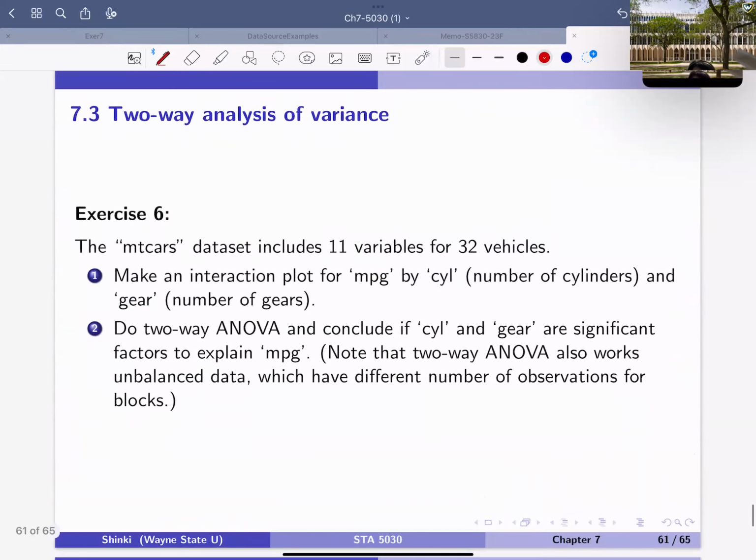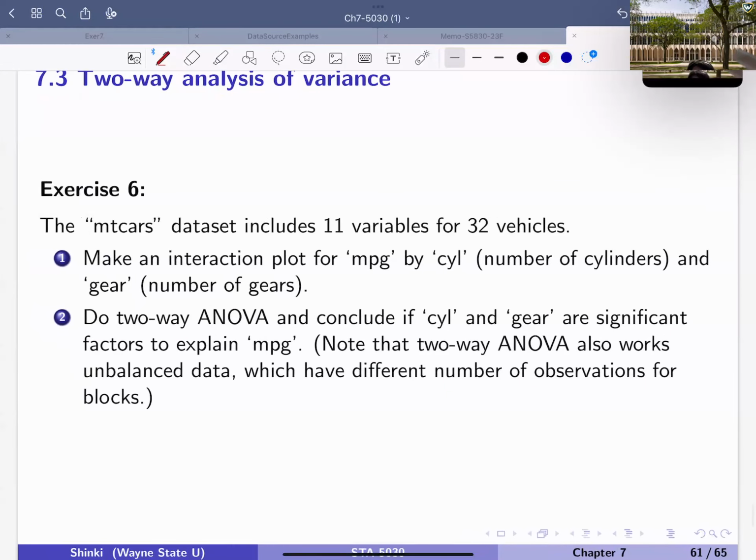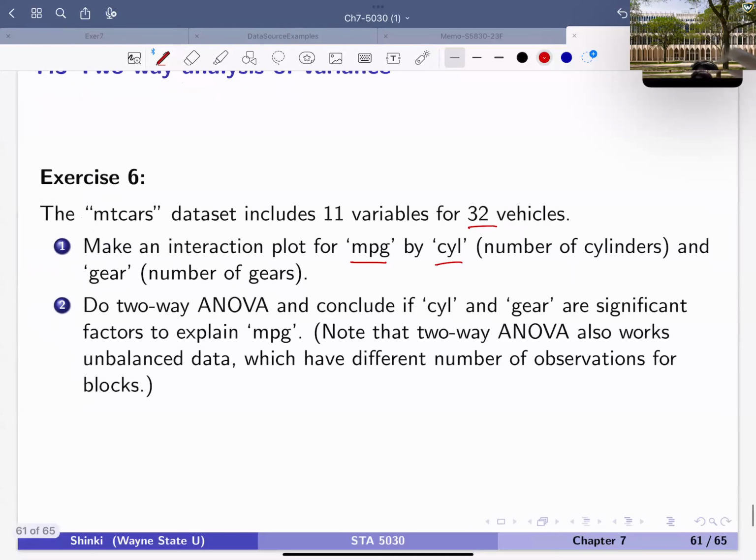Exercise 6 is actually the same as the example we discussed right now. So we have the mtcars dataset. We have 32 cars, but here we explain MPG by the number of cylinders and the number of gears, slightly different. And then you are supposed to do the two-way analysis of variance.